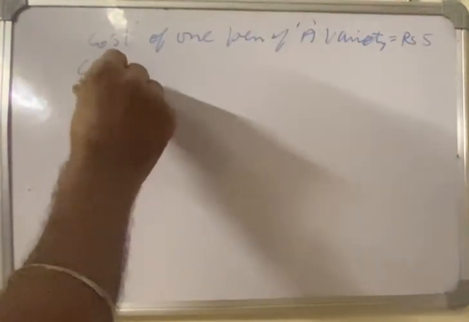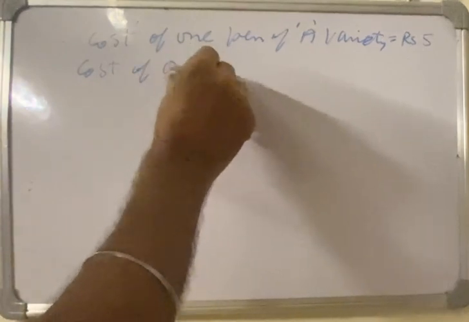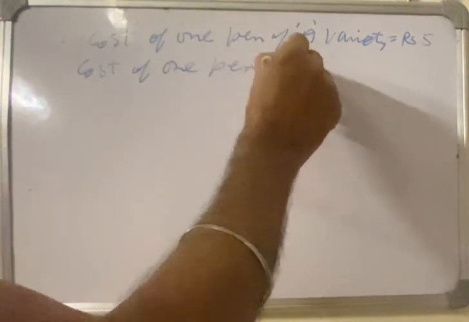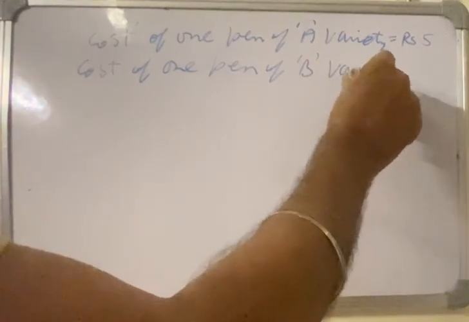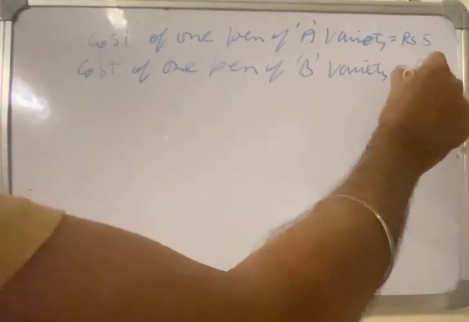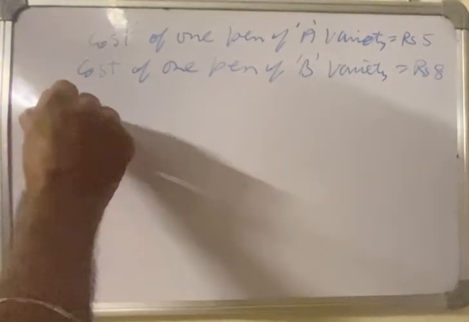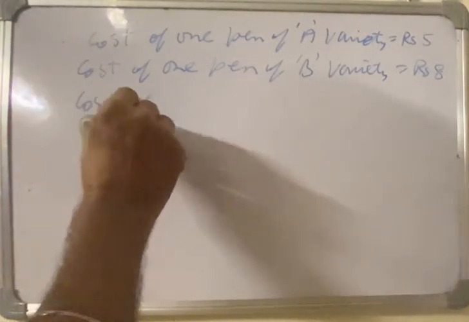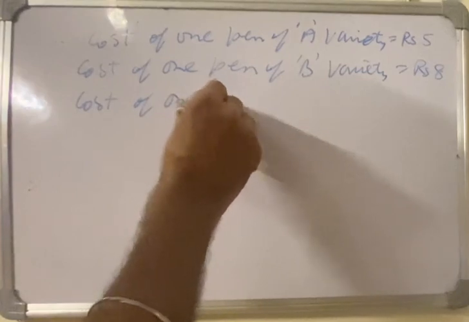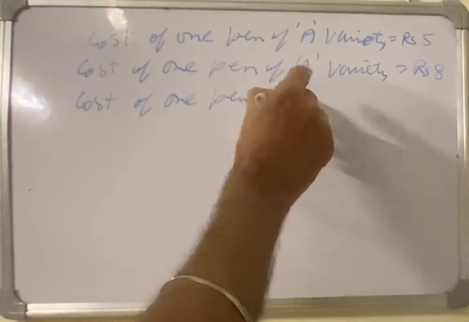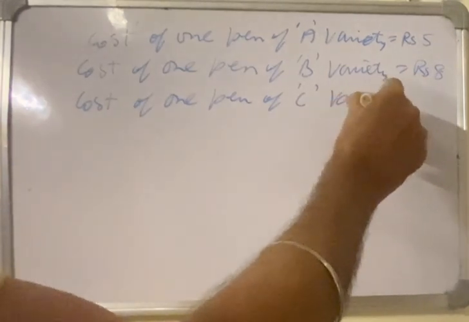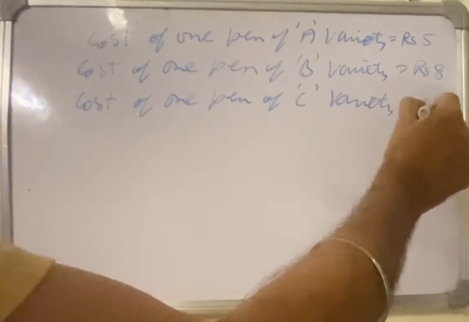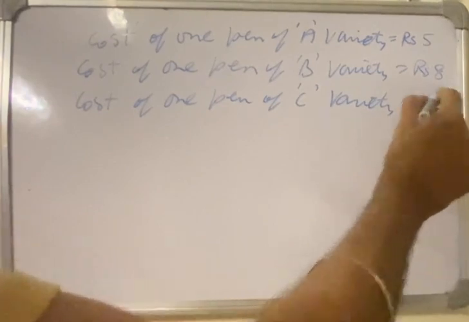Cost of one pen of B variety is rupees 8, and cost of one pen of C variety is equal to rupees 8.